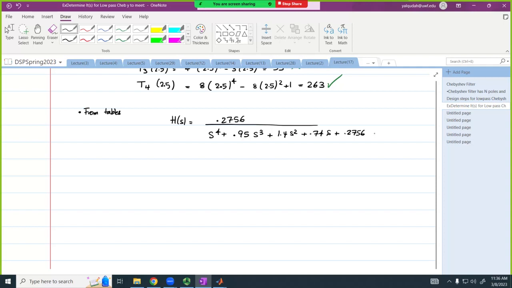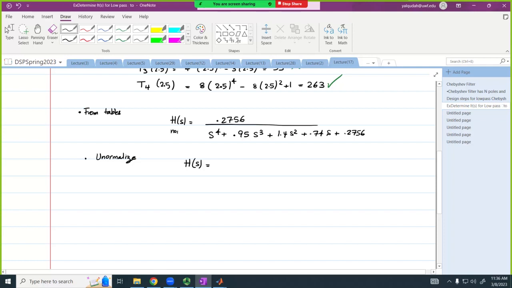What is the last step? Denormalize it. And therefore, we can calculate H(s).